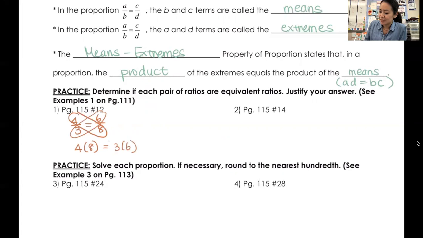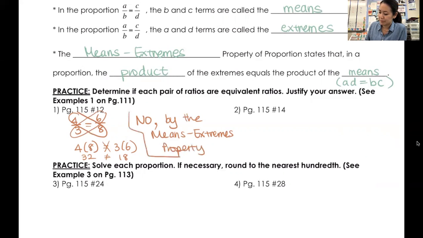In this case, that is not true. This is 32, this is 18, so that means these are actually not equal ratios. So I'm going to say no. And it does say justify your answer, so I'm going to say by the means extremes property. All right. And that would be my answer for number 12.